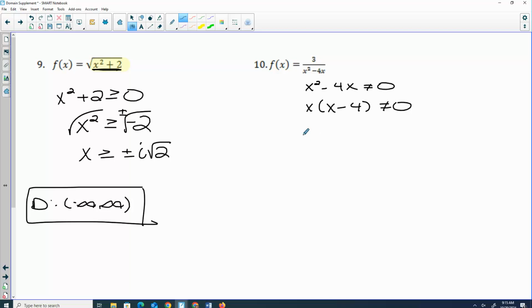So if we set those equal to 0, what can x not be? 4. And what about this one? Just a 0. Because it's basically each one of these can't be 0. When you have 2 things multiplied, the only way you get 0 is if one of those things is a 0.